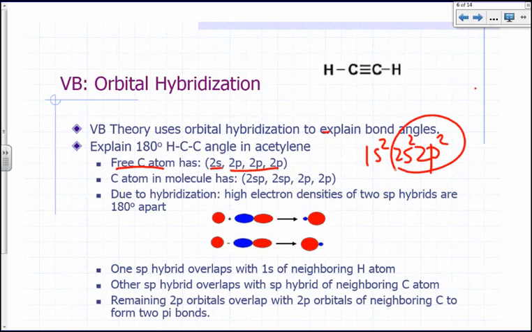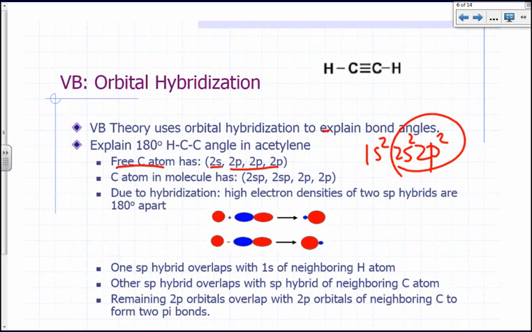It has 4 electrons in the valence shell. If we draw the orbital diagram, you would have something like this: 1s, 2s, 2p. Remember, the 2p subshell consists of 3 orbitals, and so you have 2 electrons in the 1s, 2 electrons in the 2s, and then 2 electrons in the 2p orbitals.